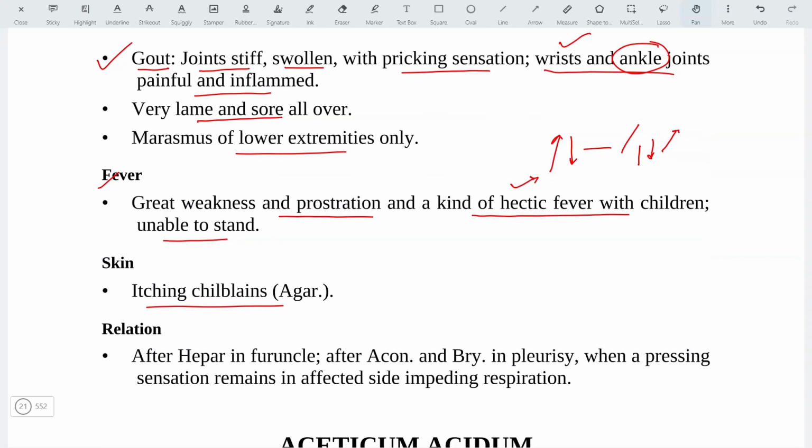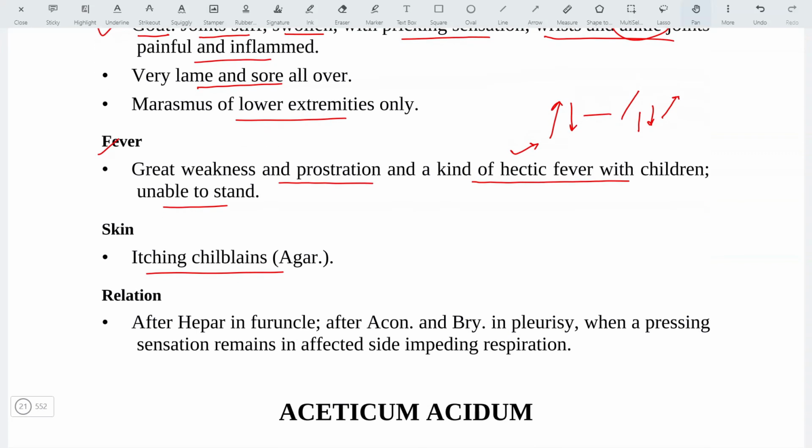Now the last part of Abrotanum is relation. What is relation? After hyper in furuncle, furuncle is a surgical term. It means boils. Boils means, we have skin, there is a hair follicle, and in that hair follicle, particularly after shaving, you just cut it down.